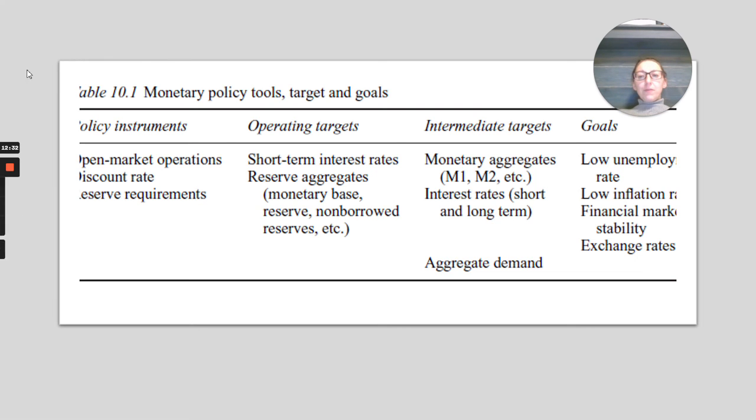So the central bank, let's say, sets the discount rate. Based on that, the commercial banks should change short-term interest rates, and so the interest rates in the economy could change. Also, the aggregate demand in the economy could change, and as the aggregate demand changes, inflation should change as well. You see how long it is.